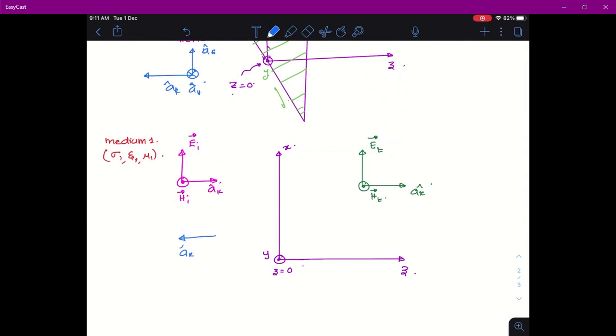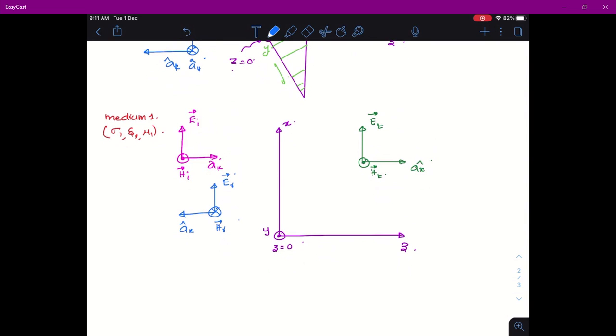So the reflection direction is a_k cap towards minus Z, and the corresponding electric field is E_R, and the corresponding magnetic field is H_R.